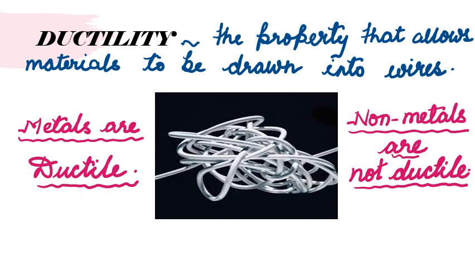Can you think of drawing such thin wires from graphite? Definitely not. Graphite is a non-metal and it cannot be drawn into a wire, and therefore it is not ductile. So we can say that metals are ductile whereas non-metals are not.